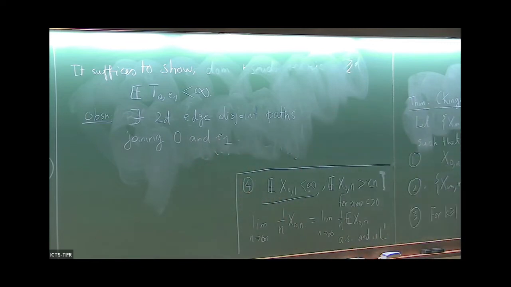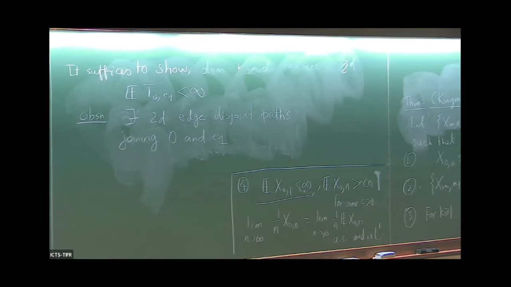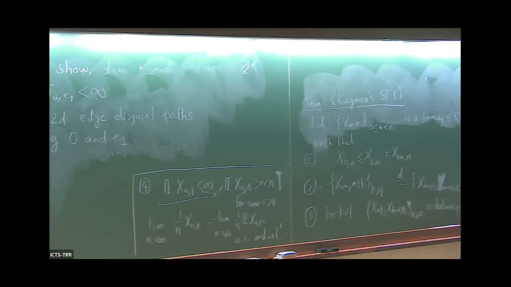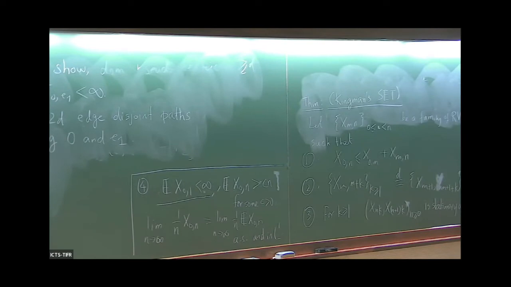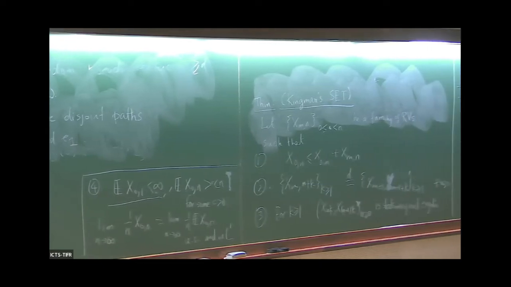This is easy to check because each vertex has 2d edges coming out of it, and you can easily construct, using these 2d edges, 2d edge-disjoint paths joining 0 and e1. These are completely deterministic paths, so there is nothing random about it.